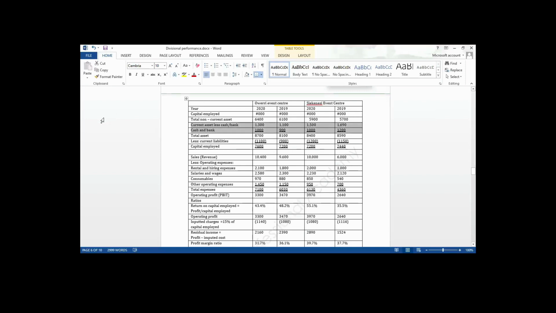For 2020, total current asset 1,300 plus 1,000. What do you have? That's 2,300. Yes, sir. For 2019, 1,100 plus 900. That should be 2,000.